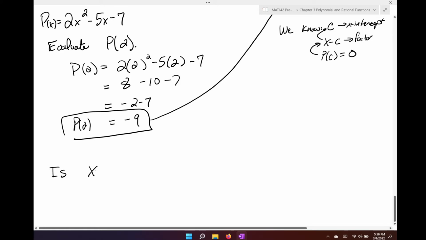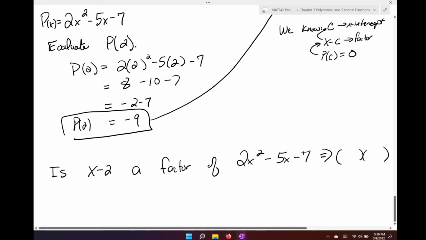So what I can say is, given x minus 2, let me write it down. Is x minus 2 a factor of 2x to the second minus 5x minus 7? In other words, what I'm asking is, if we were to factor 2x squared minus 5x minus 7, it would be a binomial. Is one of these x minus 2?